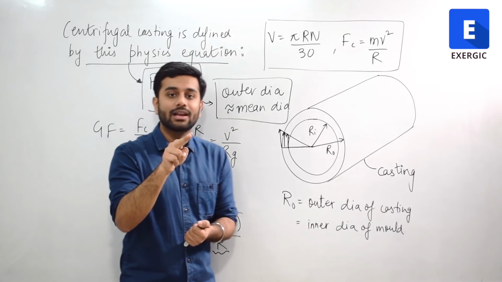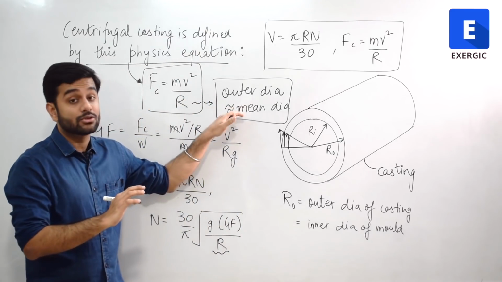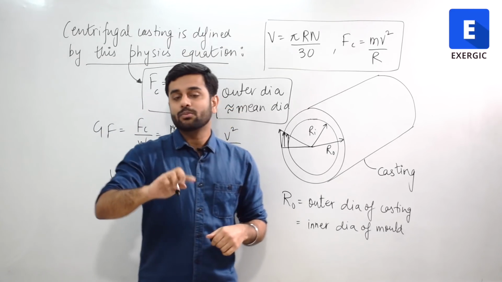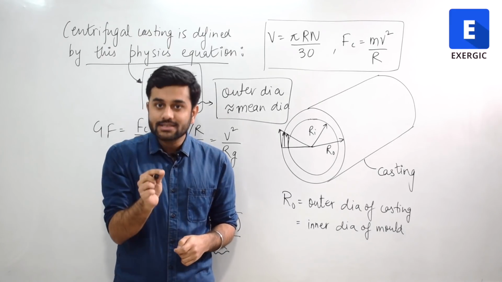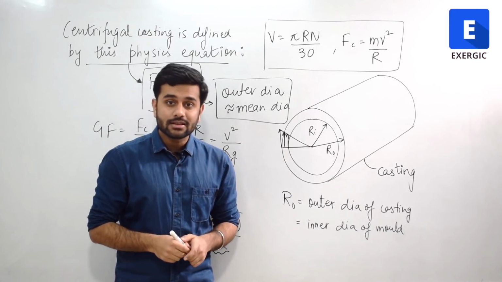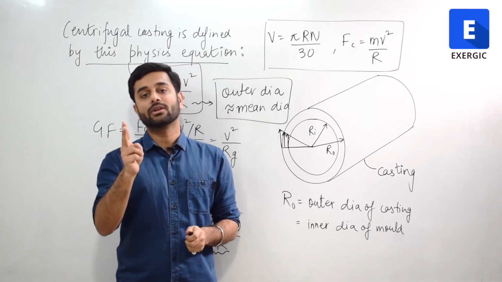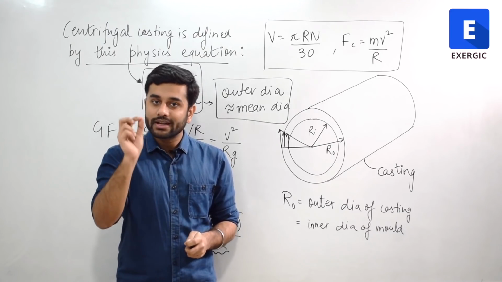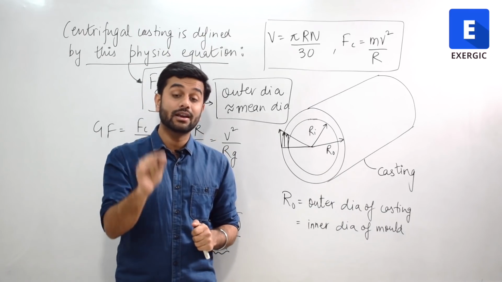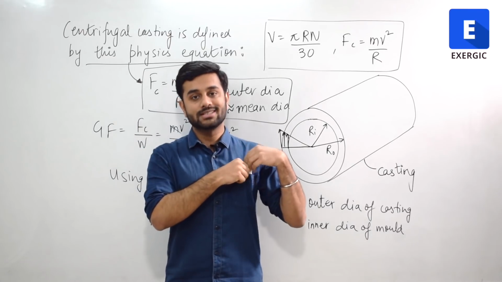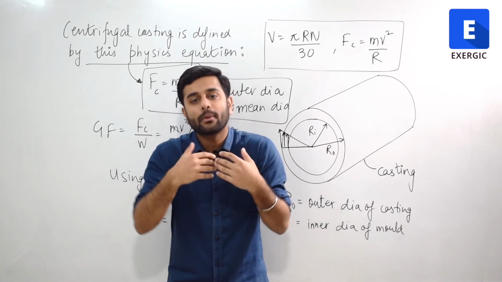So both the values, outer dia is equal to mean dia, not inner dia. So this assumption has been used in the derivation of this expression, which means that in the answer also, mean as well as outer, both these values should get you the answer within the range. So ask for modifying the range of this question, because this is something which has the most probability of happening.